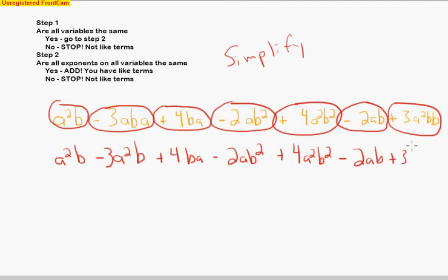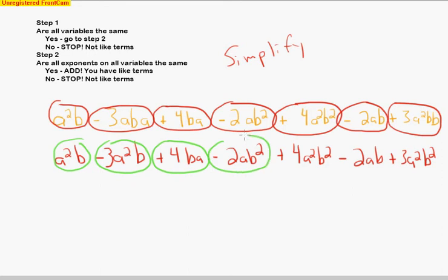Here's another one we can simplify, a squared b squared. So I simplify those guys. Now I'm going to circle them again so I know where the divisions of my terms are. And then we're going to start our test.